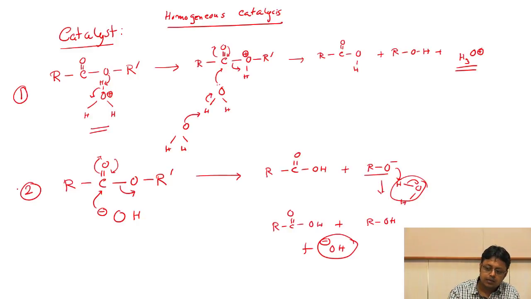One more interesting thing for this particular example is that when you have the ester and you have the water, hydrolysis is nothing but addition of water, and then you get some acid plus alcohol back from the ester.